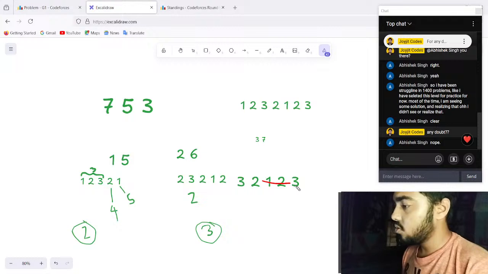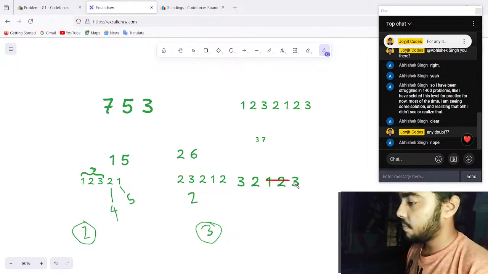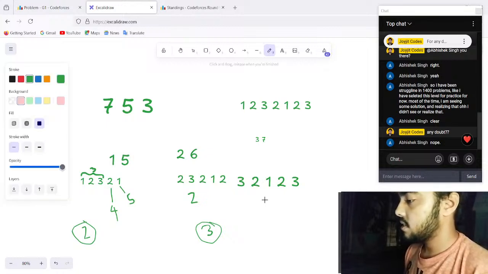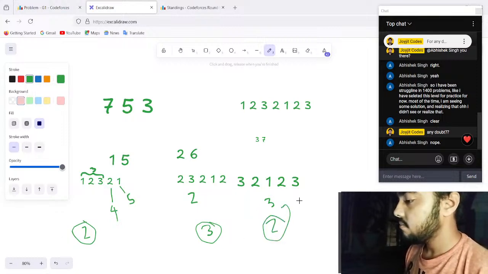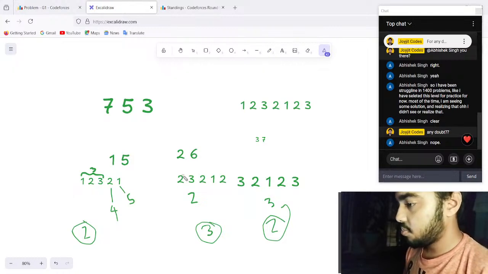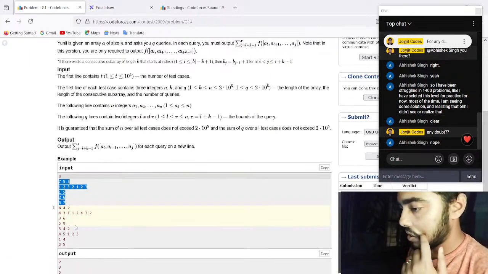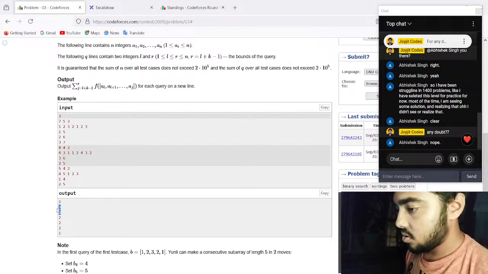See, 1 to 3 is consecutive, and this is the maximum that is occurring. Nothing else is consecutive. So basically the consecutive is 3 and 5 minus 3 is 2. So the output looks like 2, 3 and 2, right? If you look at the problem, it is 2, 3 and 2.